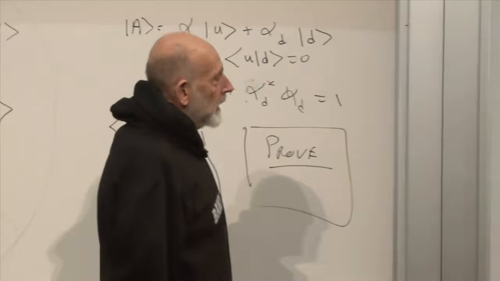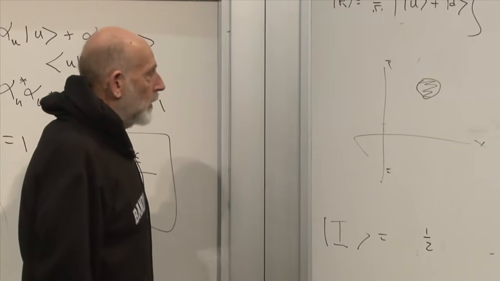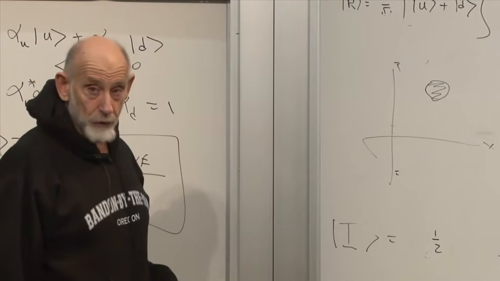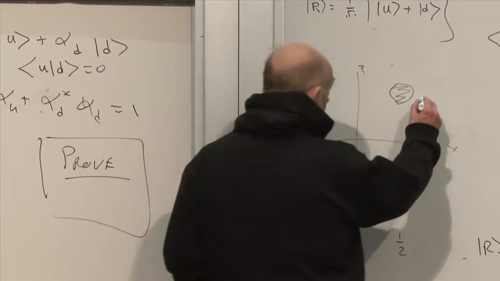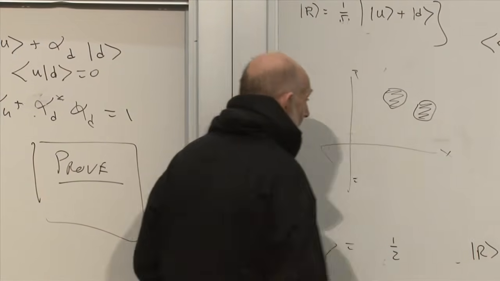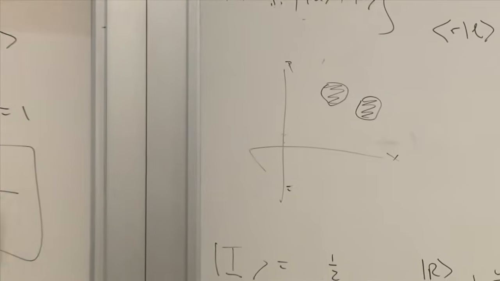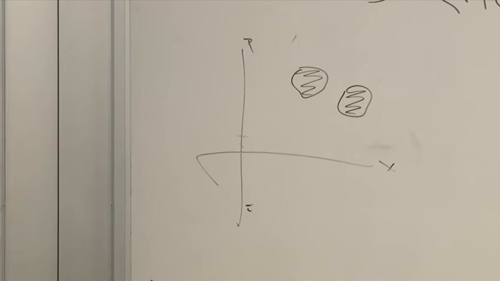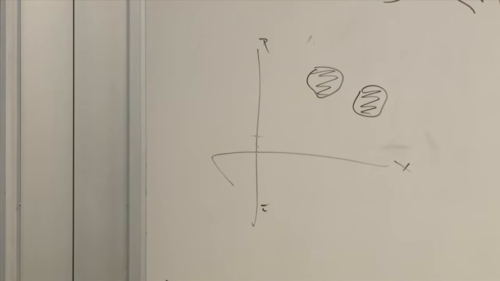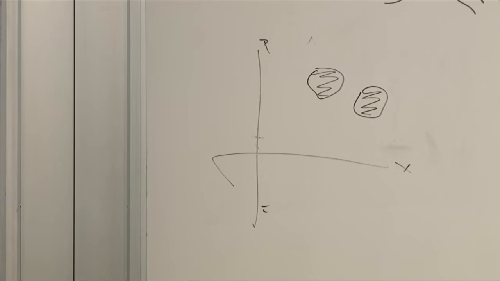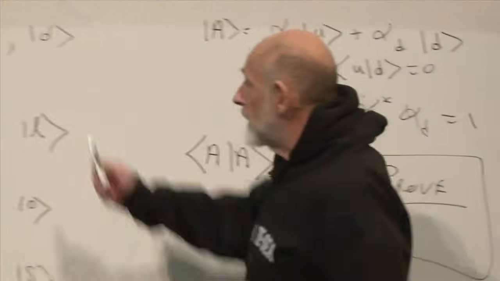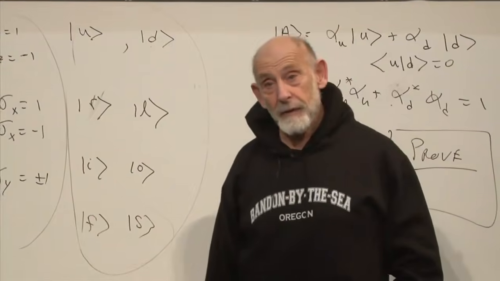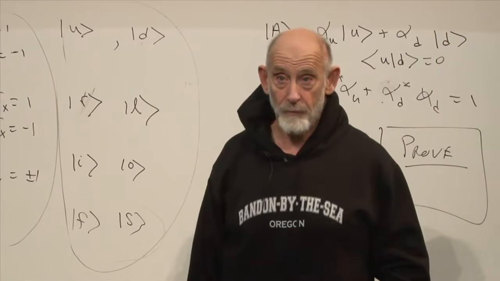The analog of orthogonality of two distinct probability distributions is that they don't overlap, that there's no ambiguity. That's the analog of orthogonality. Up and down don't overlap. If you're up, you're not down, and if you're down, you're not up.